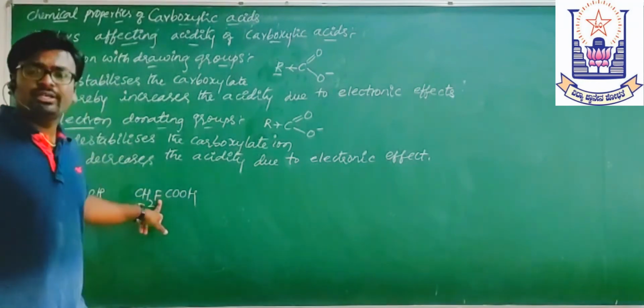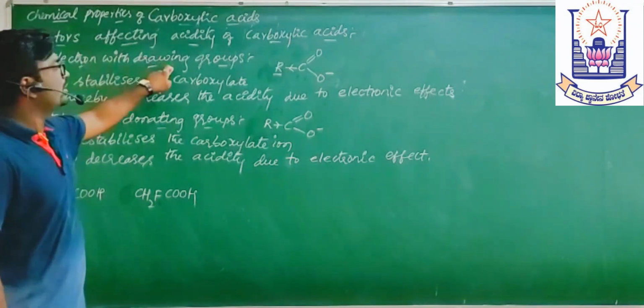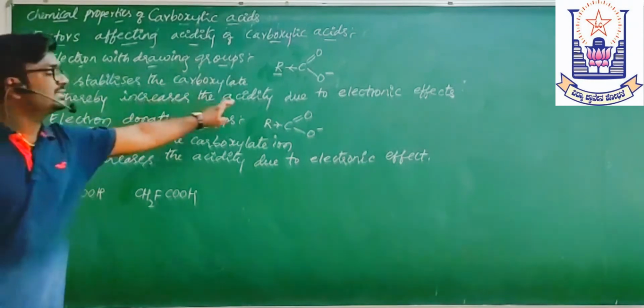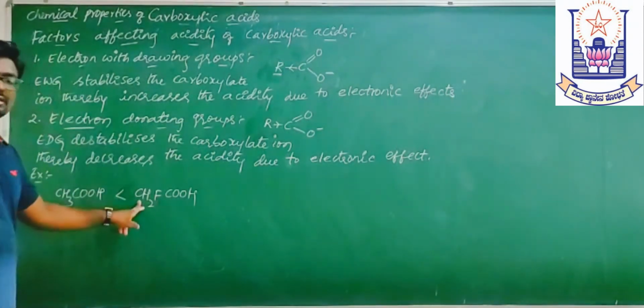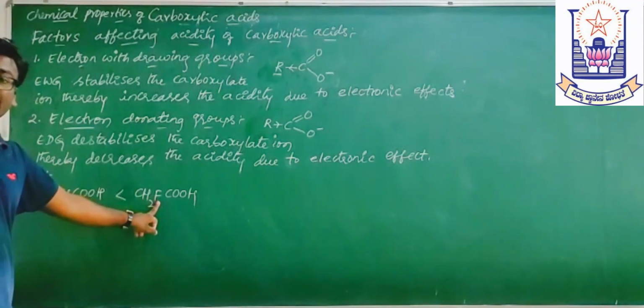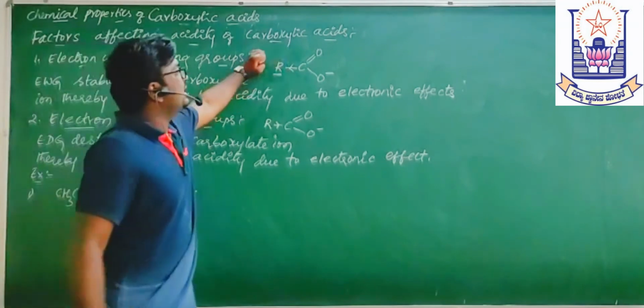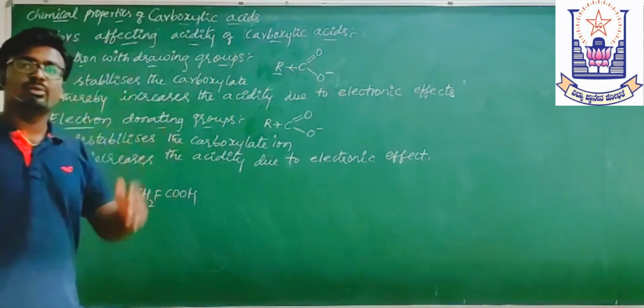What is this fluorine? It is an electron withdrawing group. What will it do? It increases the acidity. Now the acidity of this is more than this because of the presence of the electron withdrawing group. That electron withdrawing group shares the negative charge, shares the burden, and the carboxylate ion becomes more stable.